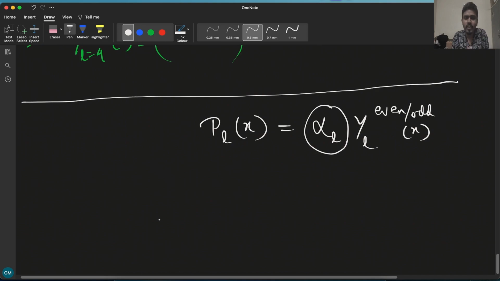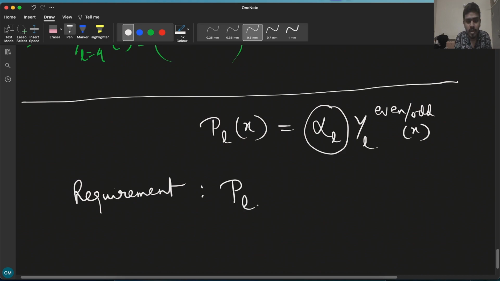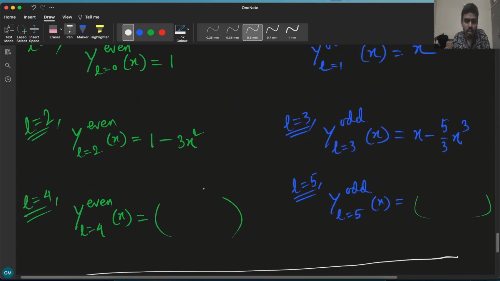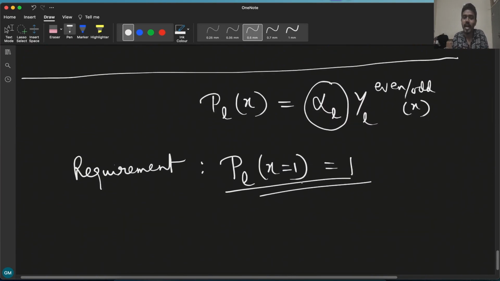For simplification, let me tell you that our requirement here is P_L at x equals 1 is 1. In order to fulfill this requirement, we need to multiply these polynomials with some constant factor. After that, we can call them Legendre polynomials.